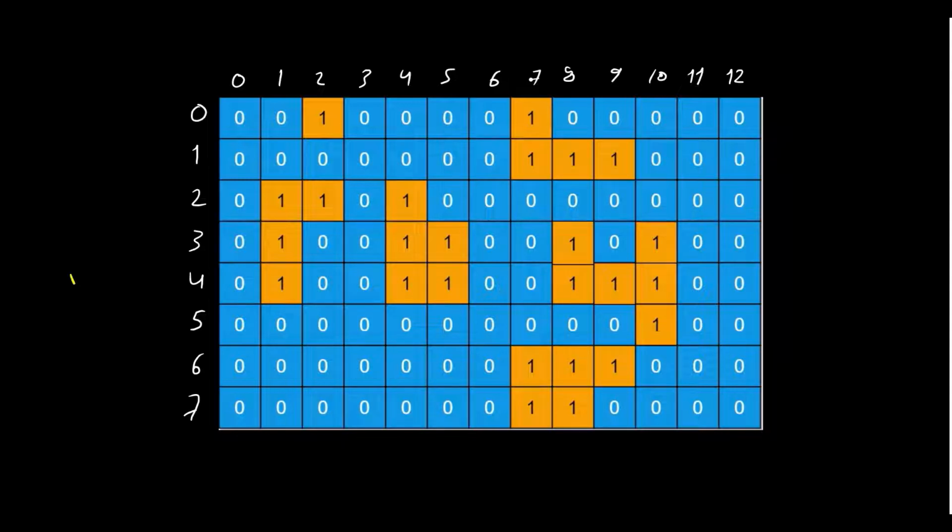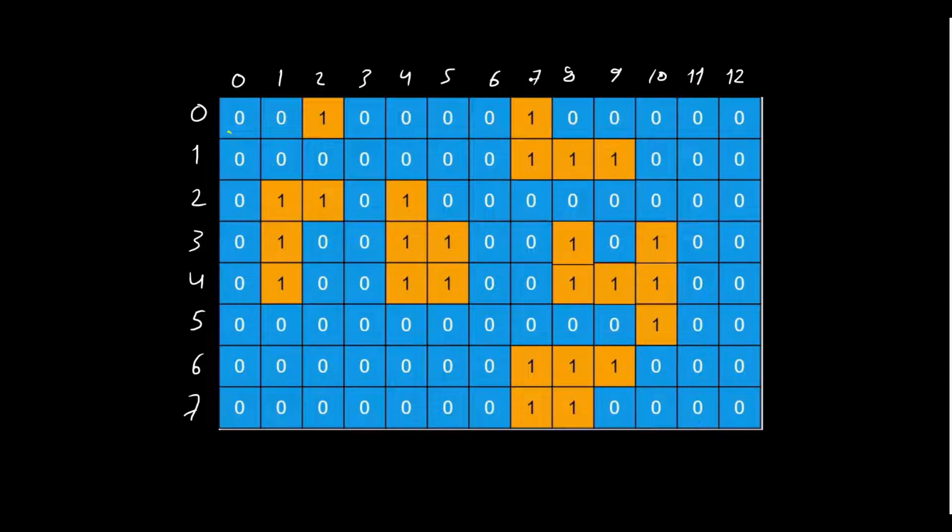Before moving on, just pause the video and think about any solution you have in mind. So this is the matrix here. What we can do is iterate over this entire grid, and whenever we hit a one, which is an island, we'll start making DFS calls to the left, right, up and down sides.